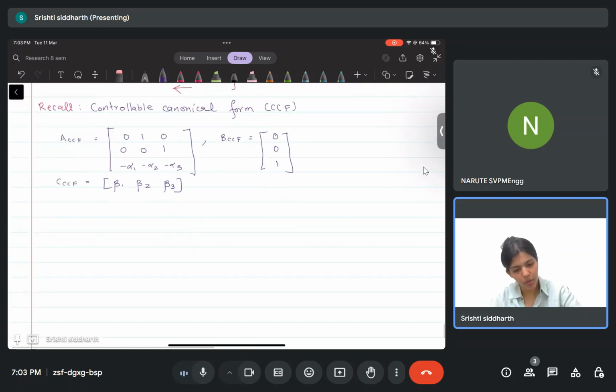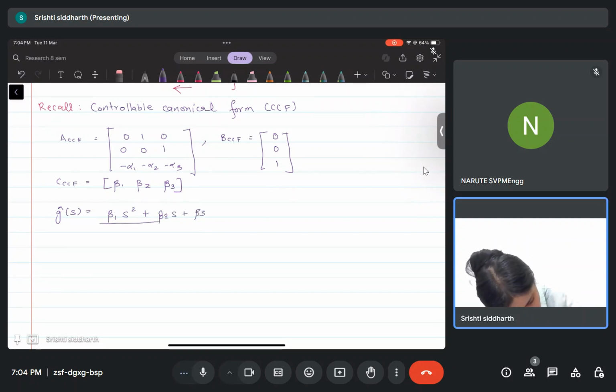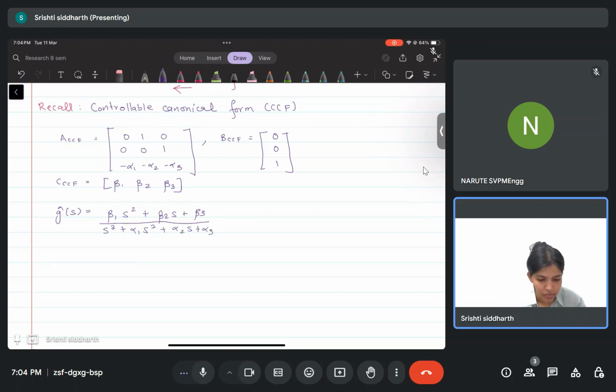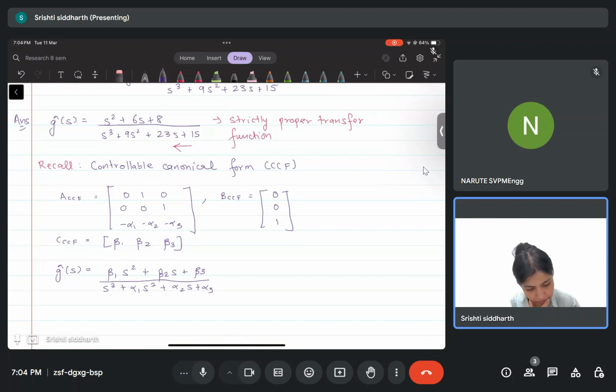So I'm going to write down the general form for G hat which I'm talking about: beta 1 s squared plus beta 2 s plus beta 3, over s cubed plus alpha 3 s squared plus alpha 2 s plus alpha 1. Sorry, I have to write that down.